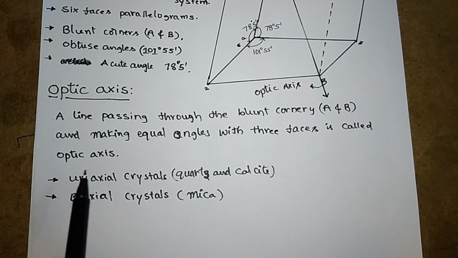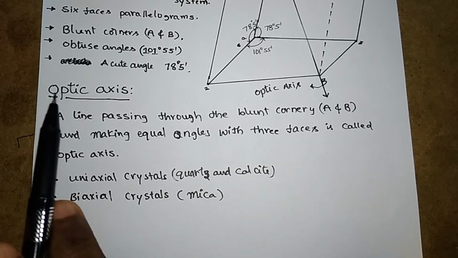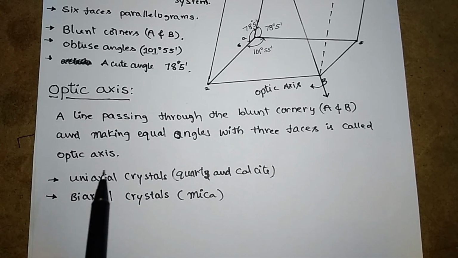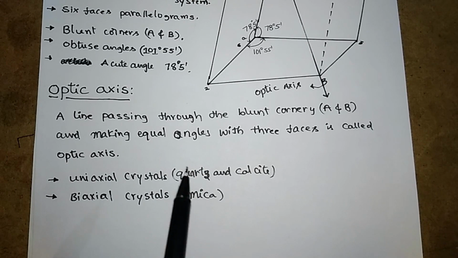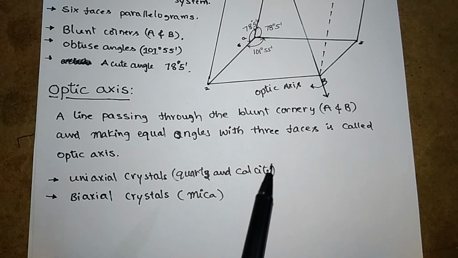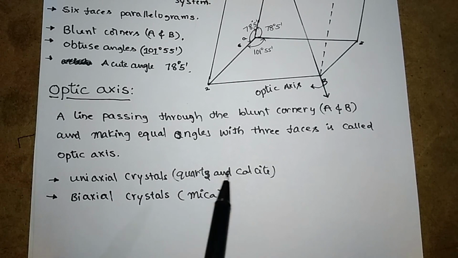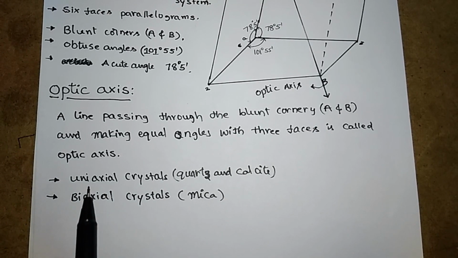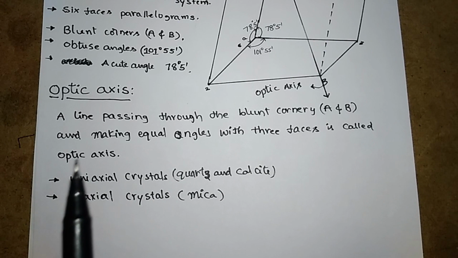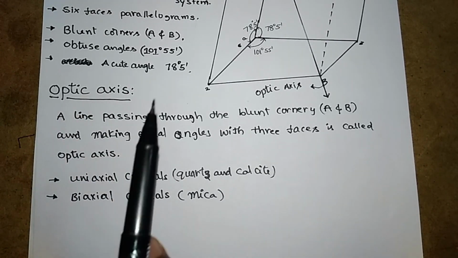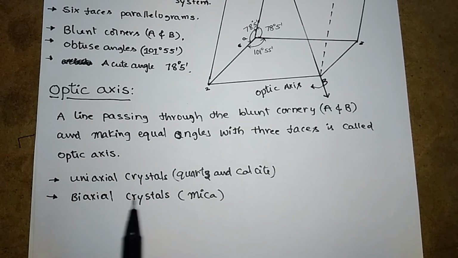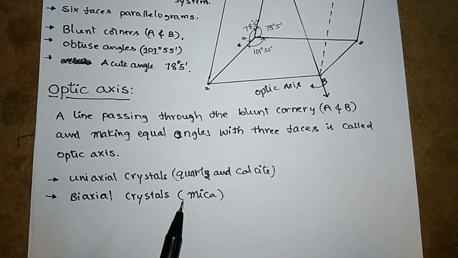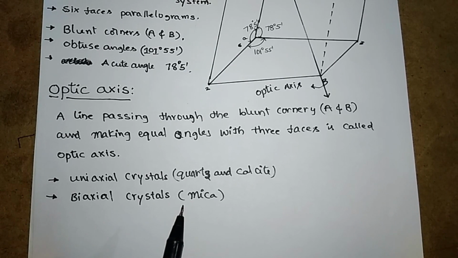Crystals having one optic axis are called uniaxial crystals, for example quartz crystal and calcite crystal. These are uniaxial crystals, and crystals which have two optic axes are called biaxial crystals, for example mica.